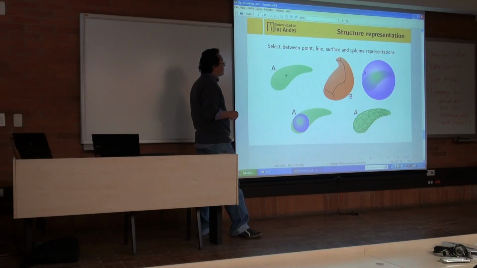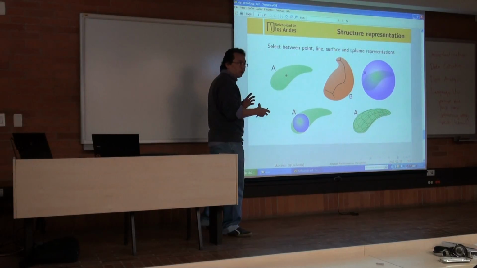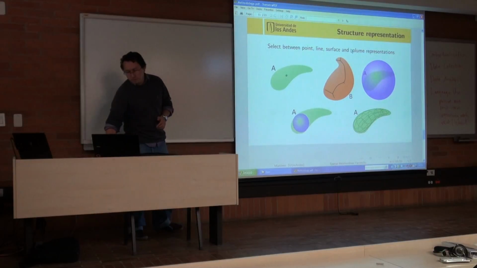So the idea here is that the distance to this line is the same from the boundary of the element. Also, we have used the circumscribed sphere, the described sphere, the surface, or the volume of this brain structure.